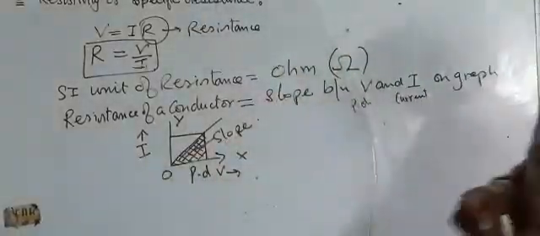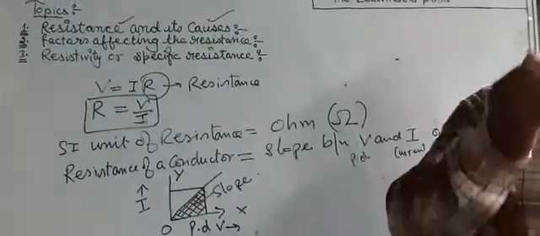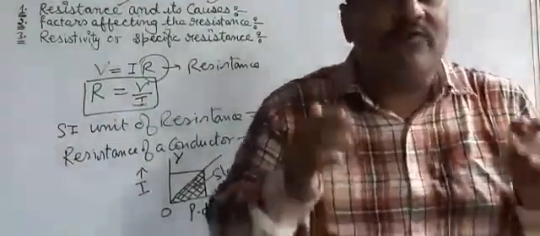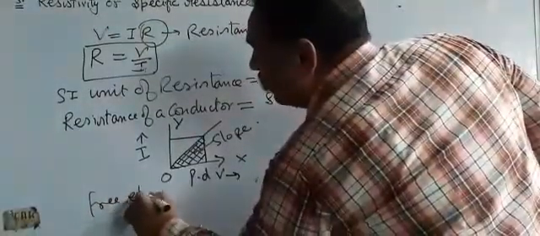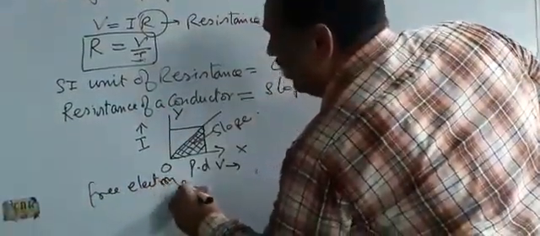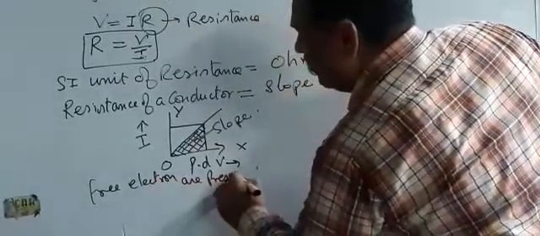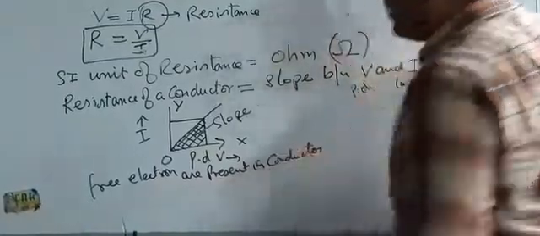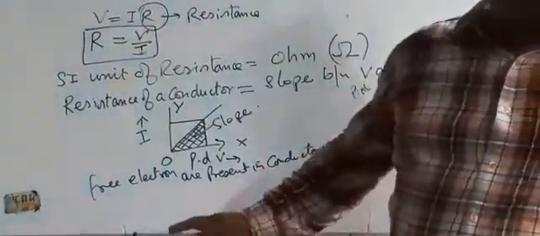Now, causes of resistance. We know that a conductor has a large number of free electrons. First of all, free electrons are present in the conductor.